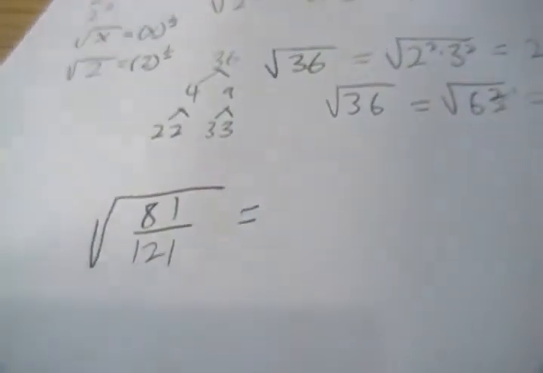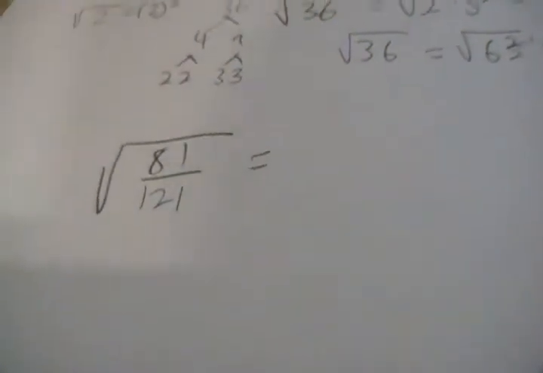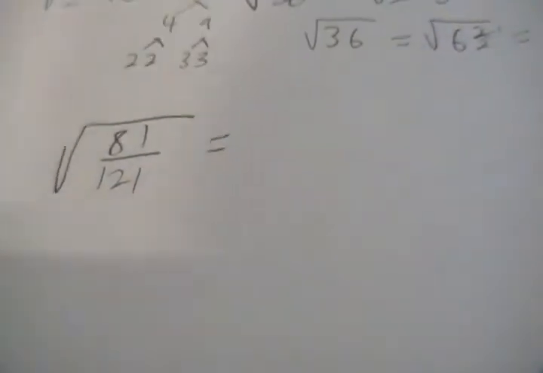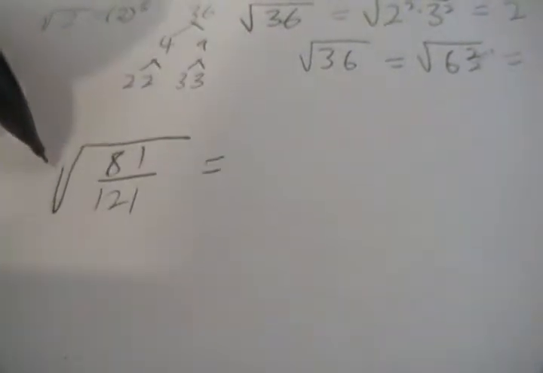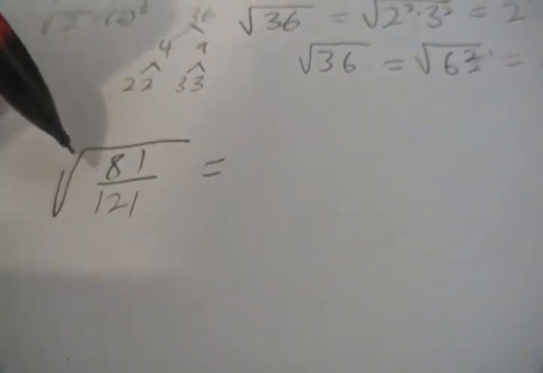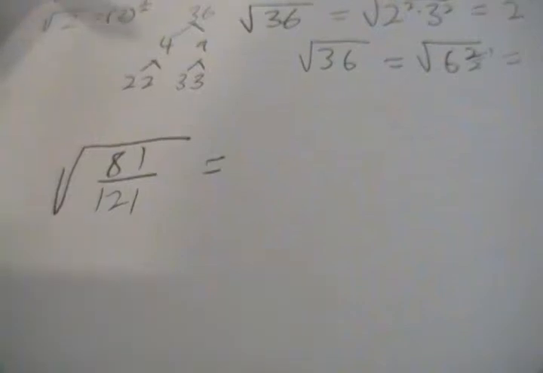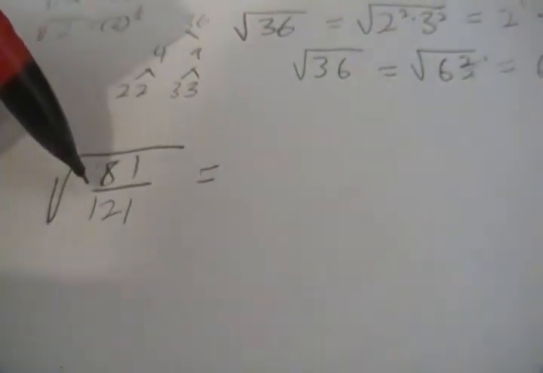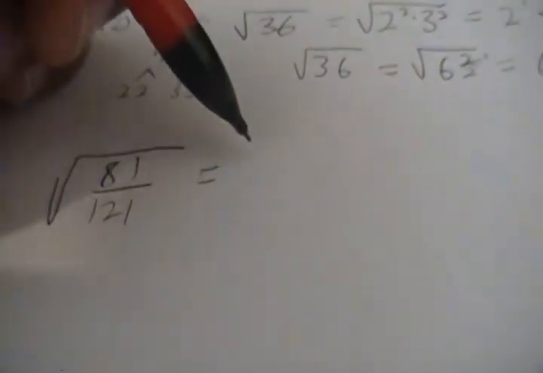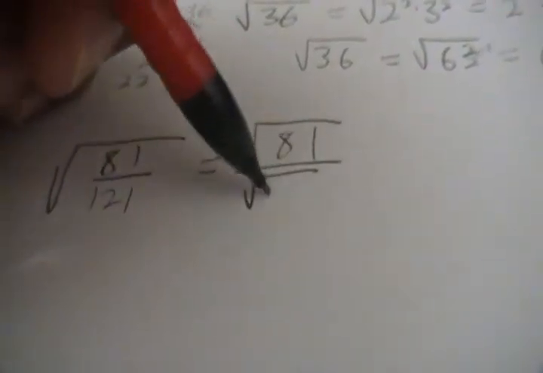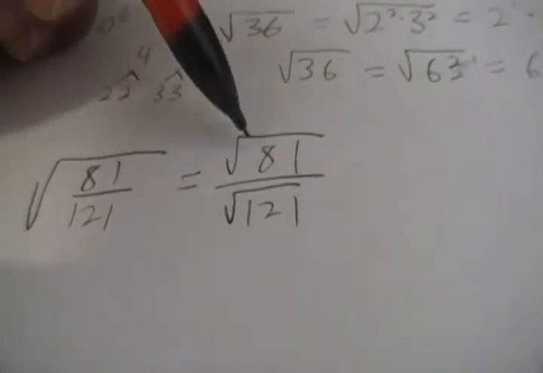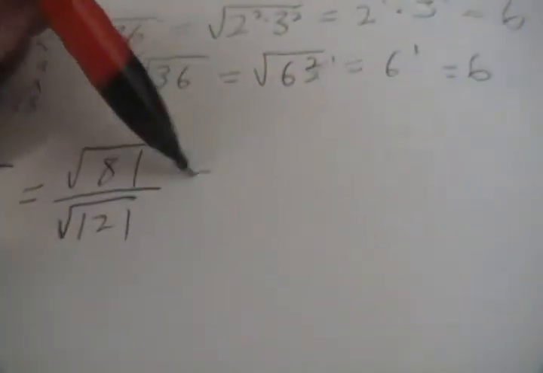So how would we go about solving this? Well, whenever you have a whole square root within a fraction, you can separate both the denominator and numerator into two square roots. Like this, the square root of 81 divided by the square root of 121. So now you can just work on these separately.